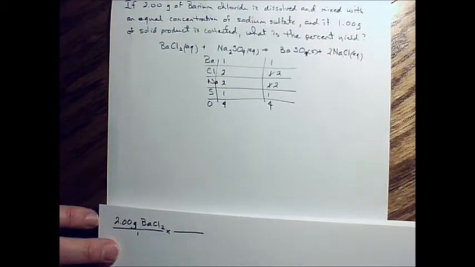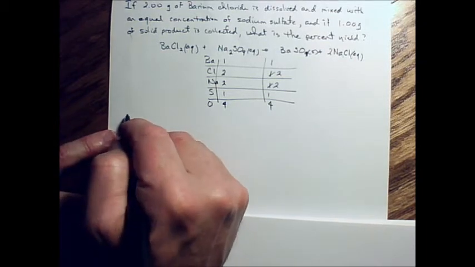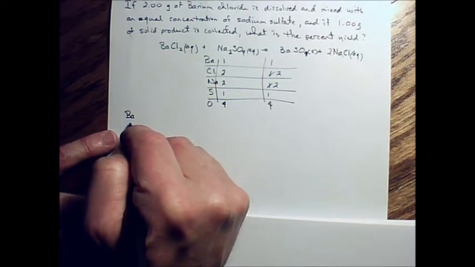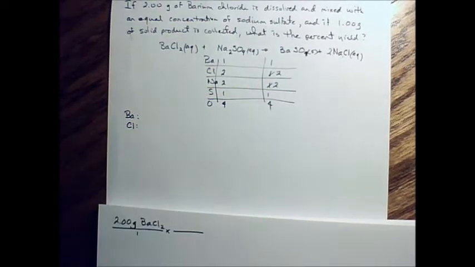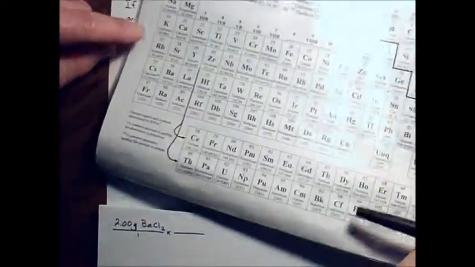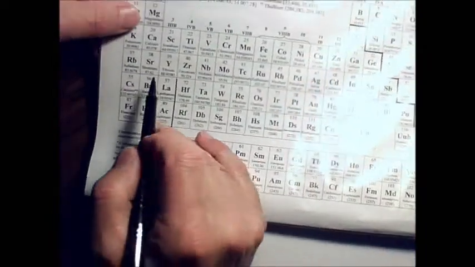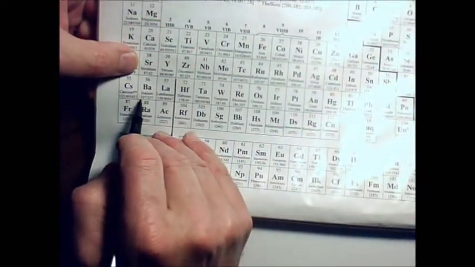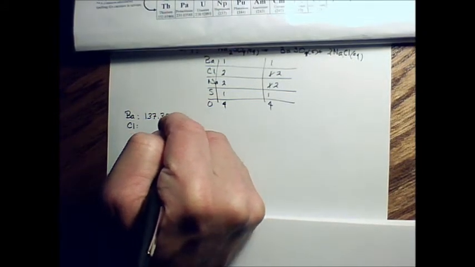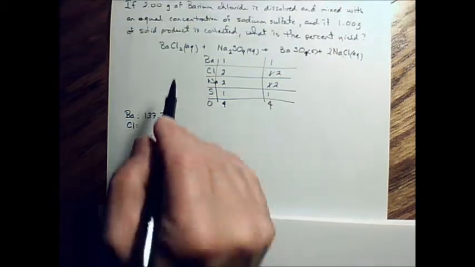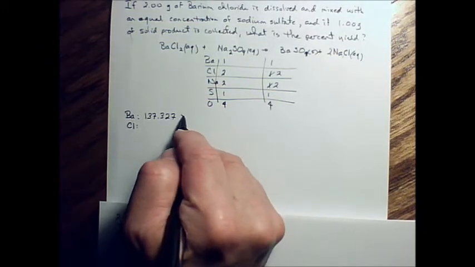To do molar mass, we're going to list all of our elements in the formula. And then we're going to go to our periodic table and find the atomic masses for these elements, such as barium being 137.327. And in the formula, I've only got one barium, so I'll multiply that times 1.